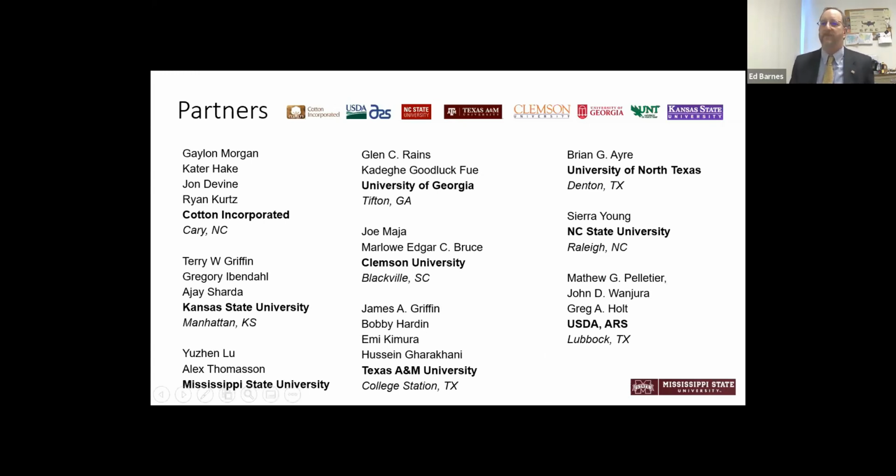One thing I won't talk about, and this is what Dr. Hake has encouraged me to think about: I'm an agricultural engineer, so I attack things from an engineering perspective. Kater has said, well, if you engineers can't figure it out, maybe the geneticists can help. So he's engaged Dr. Brian Eyre at the University of North Texas.